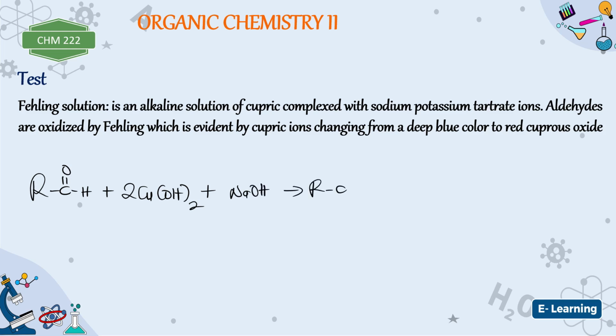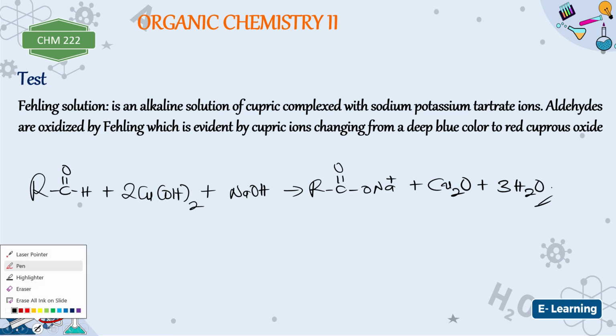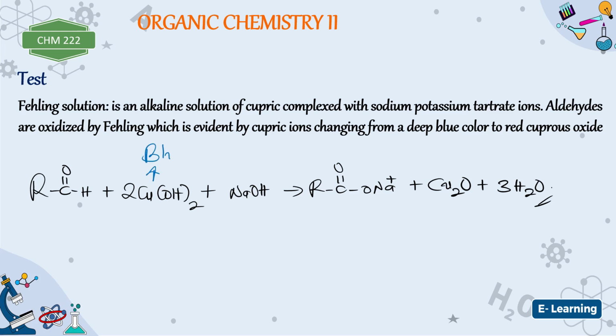This will also give us the sodium salt of the carboxylic acid plus the cuprous ion plus H2O. Now you should also know that this one initially will be blue in color. And this one is the cupric ion, the oxidized form.